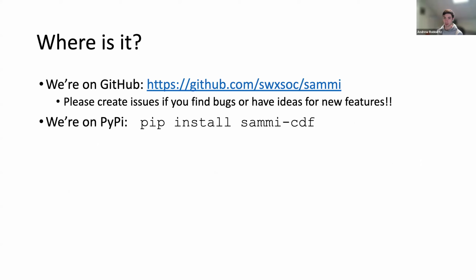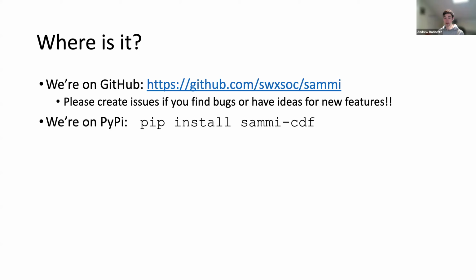Where are we? We are on GitHub at spaceweathersock/SAMI. And you can also pip install us from PyPI at pip install sami-cdf. We're also on readthedocs.org, sami-cdf.readthedocs.org. I can probably add that to this slide at some point. It is also linked from our main GitHub page.